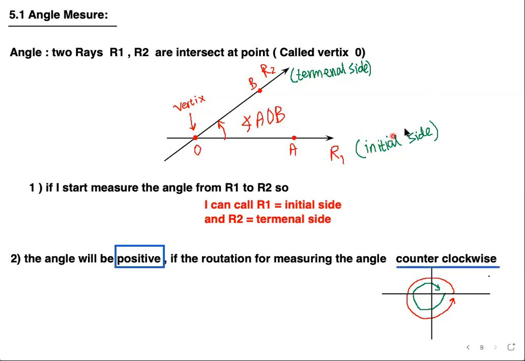Because my initial side is this, my terminal side is this, and the angle is AOB, and the measure is counterclockwise. So this angle must be positive, for example, positive 30, positive 45, positive 60 degrees. But if it's clockwise, the angle will be negative 30 degrees, negative 45 degrees, negative 60 degrees, stuff like this.